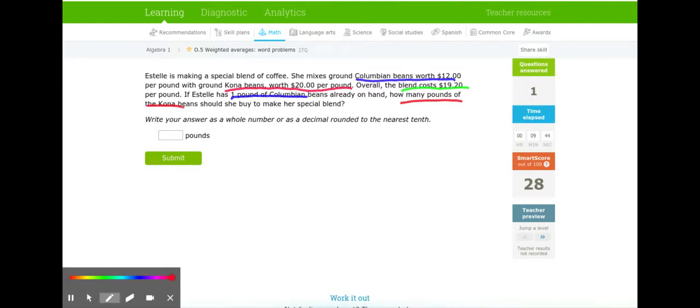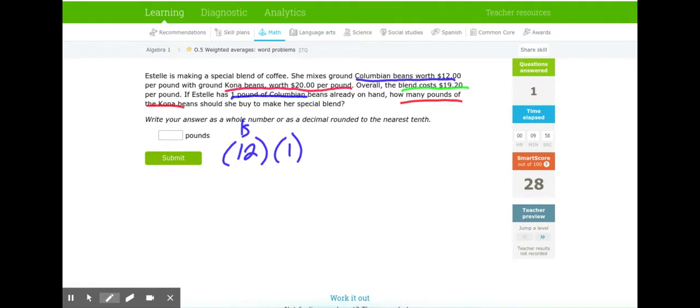So this is going to be the same process as that percent question. So we have $12 of Colombian beans, and we've got 1 pound. So $12, 1 pound, plus... Now that's the Colombian beans. Now let's look at our Kona beans. So plus $20 for Kona beans, and we don't know how much.